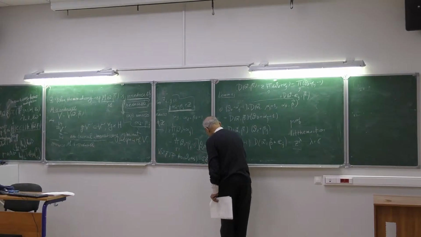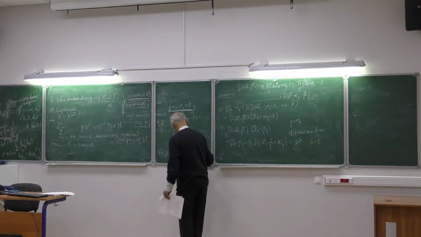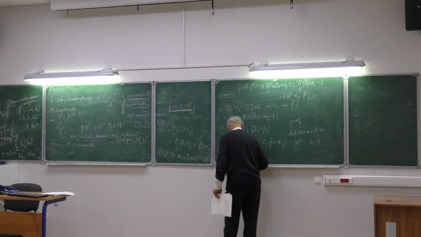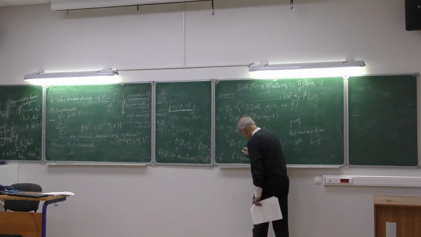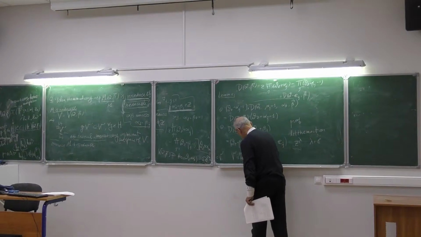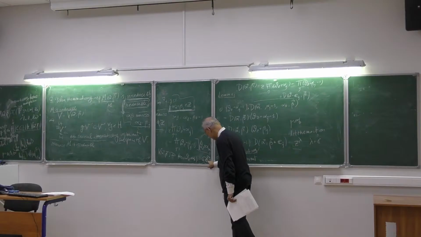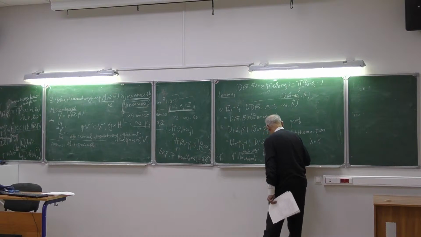Take this space, call it V prime. V prime is monodromy invariant. So it's evident, isn't it? So that around 0, it acts like z to the power minus alpha k.